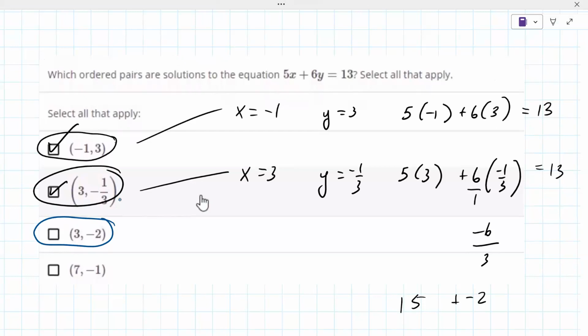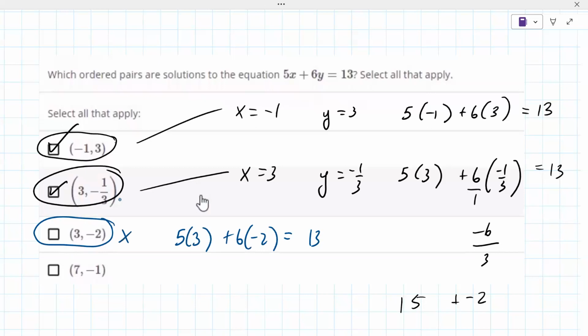Tell me if that one worked or not. No, that one wouldn't work.